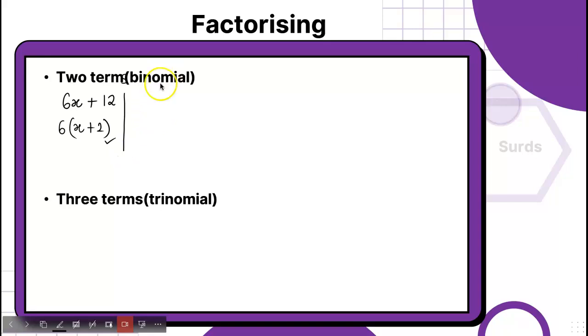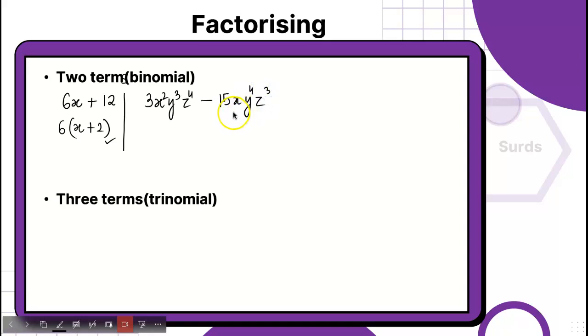Under binomial, or two terms, you're going to get, say for example, some variables. Say it's 3x squared y cubed z to the power 4 minus 15 x y to the power 4 z cubed.